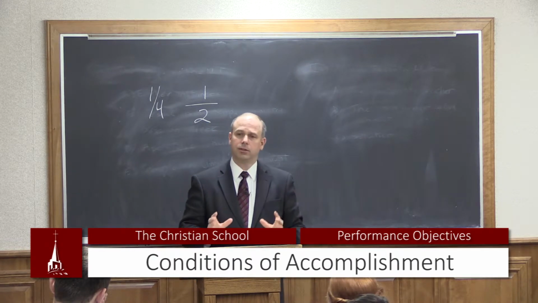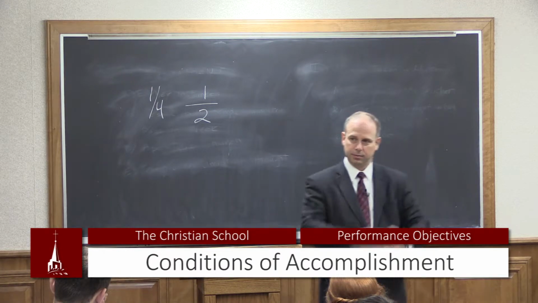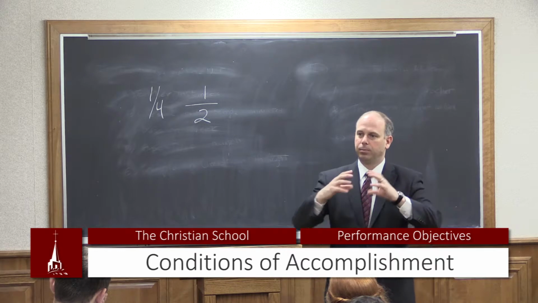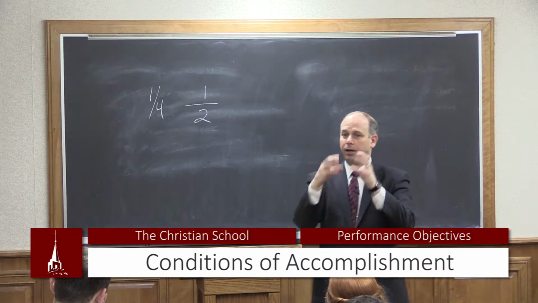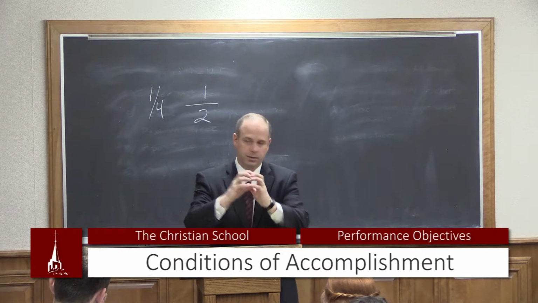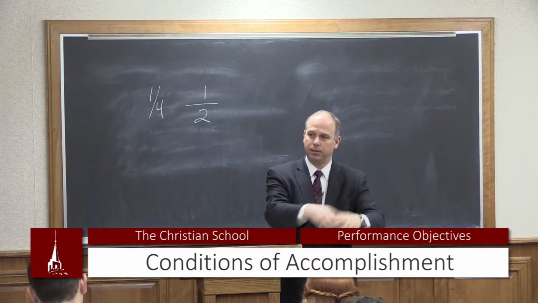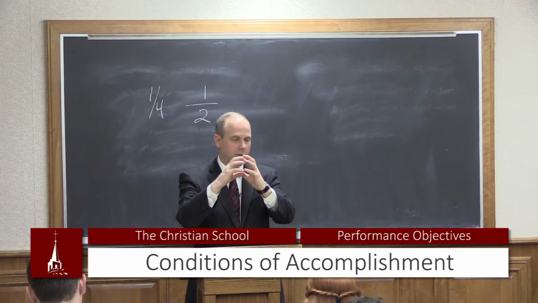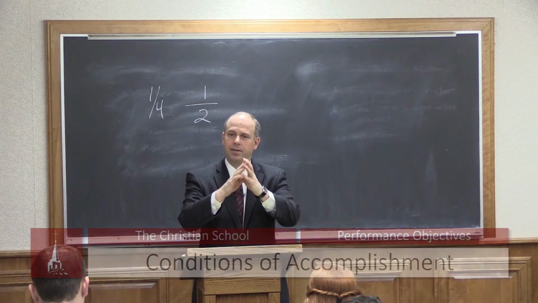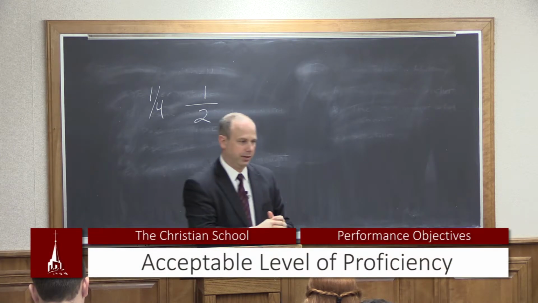But the conditions of accomplishment. Normally the conditions of accomplishment comes first in the statement. Okay? So in the actual performance objective, it is going to say, under these conditions, the students will do this, observable behavior. And then the third part is to an acceptable level of proficiency.